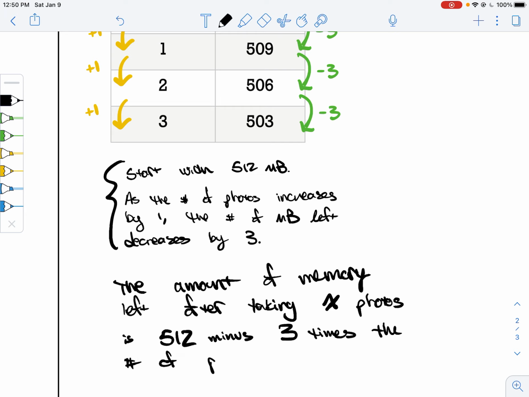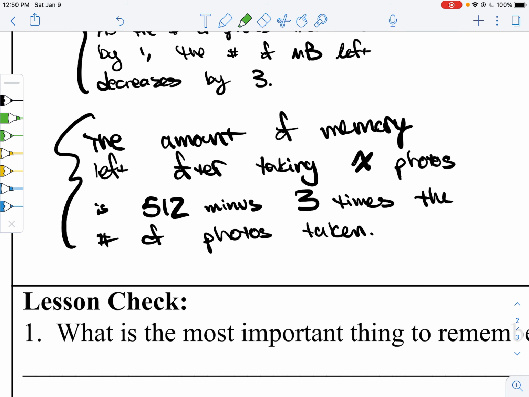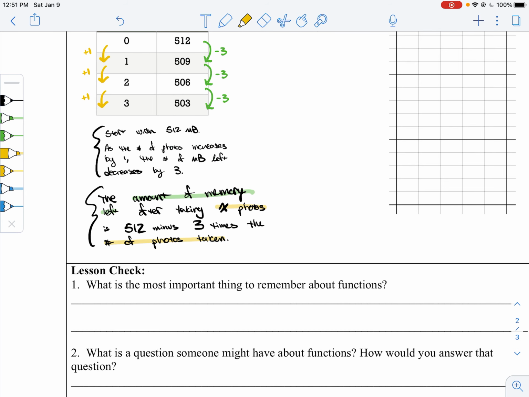I think that does technically have fewer words. They both work. Personally, I prefer this one. The amount of memory left after taking X number of photos is 512 minus 3 times the number of photos taken. Great, huh? Now that we have that in words, that will help us write an equation.